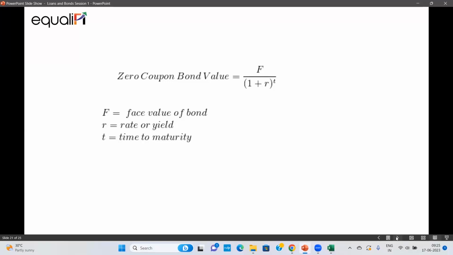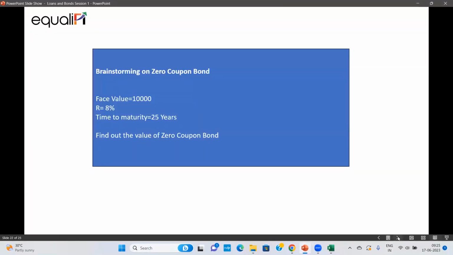Now you see whether you are gaining or losing. How do I do that? The zero coupon bond value should be more than the price I am paying for that. So when I talk about face value, rate or yield, and time to maturity, I get the zero coupon bond value.